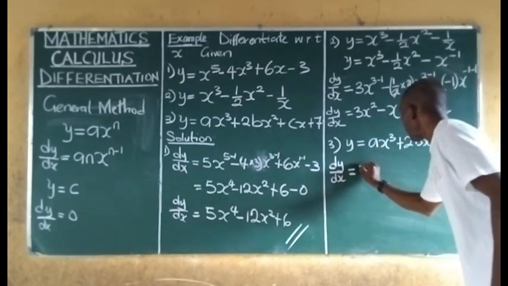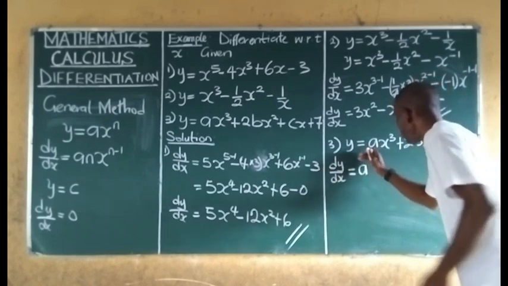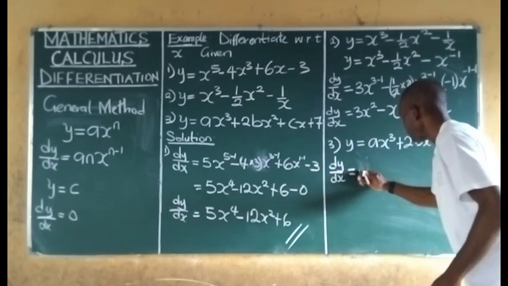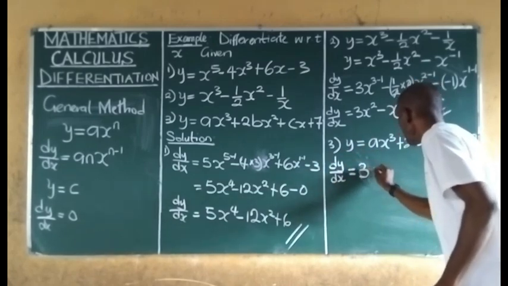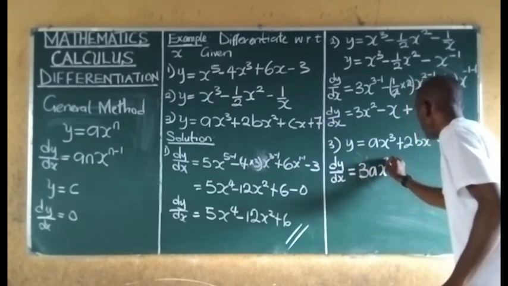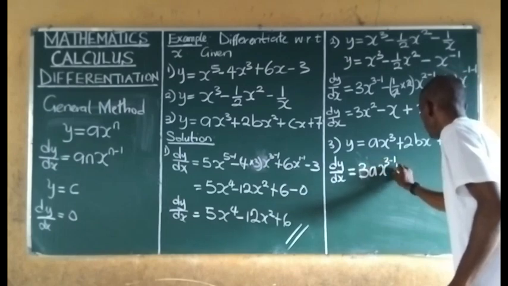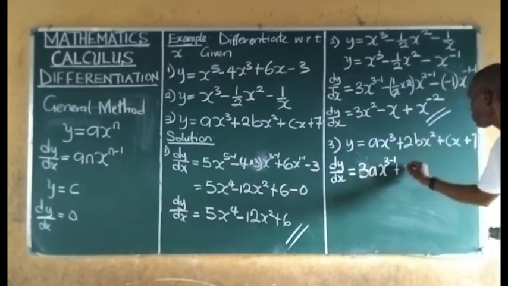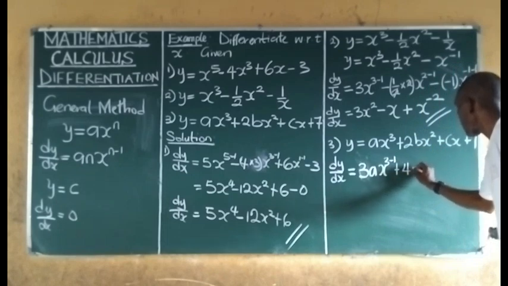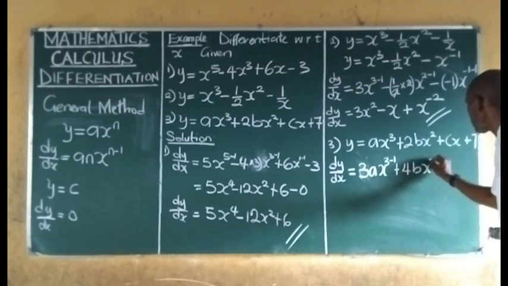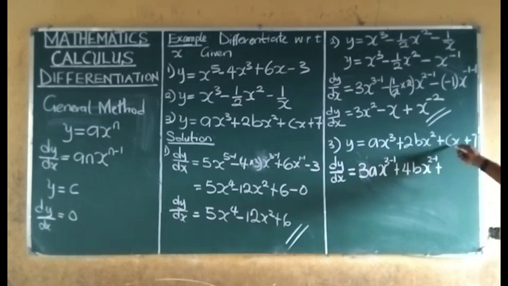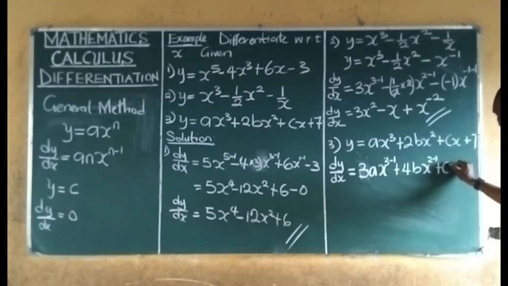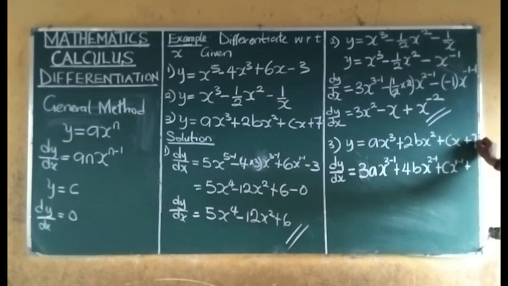We have 3 will come over to give us 3a x raised to the power of 3 minus 1, plus 2 will come over to this place to give us 4b x raised to the power of 2 minus 1, plus, if you differentiate this, you get c x raised to the power of 1 minus 1, which is 0, plus, if you differentiate a constant, which is 7, you get 0.